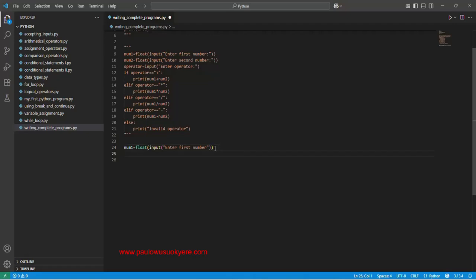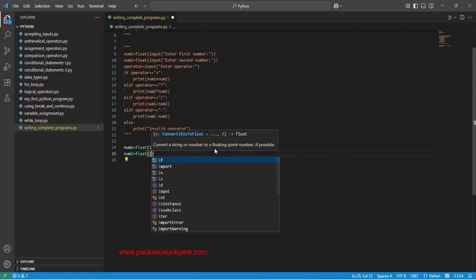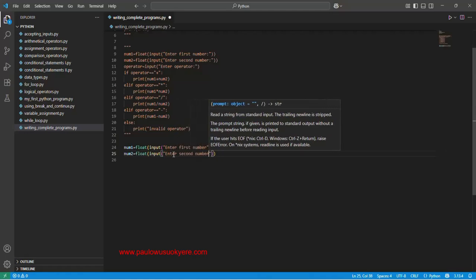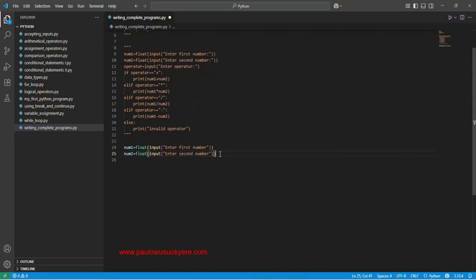Okay, so num2 also we have to enter, so num2 is equal to float, and then input, enter second number.